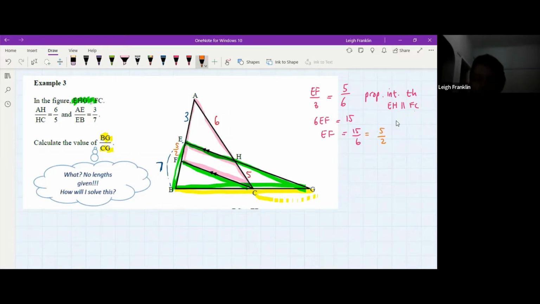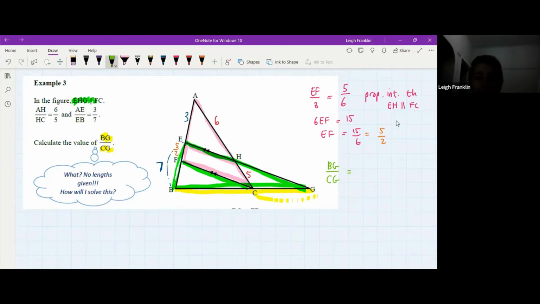So now working in the green triangle, if I say BG over CG, what is BG over CG going to be equal to, Matrix? So BG over CG, we're working in the green triangle.